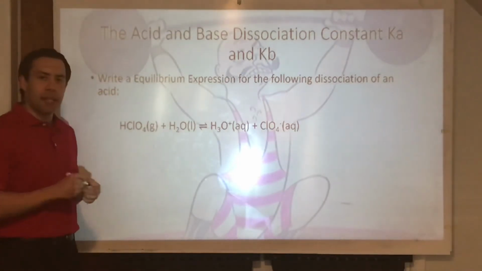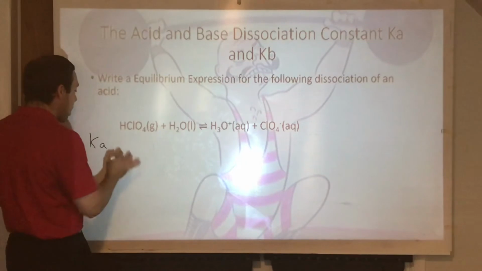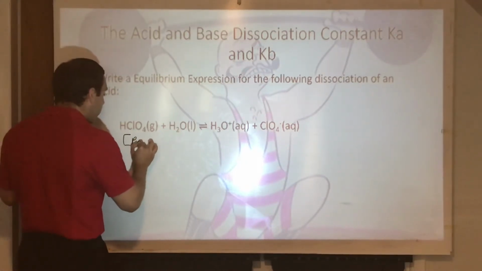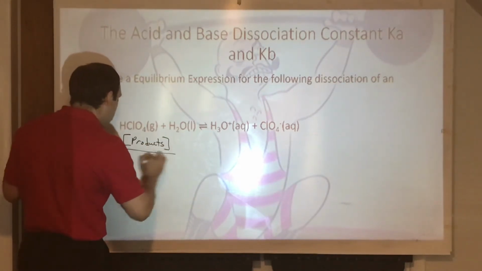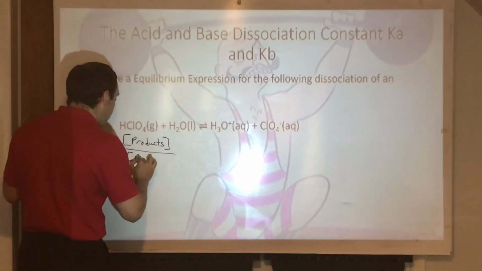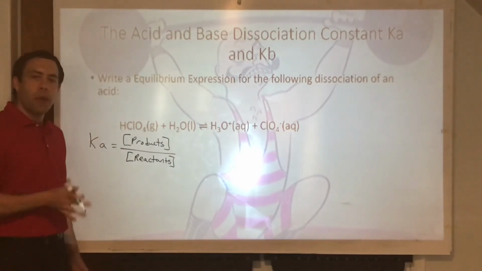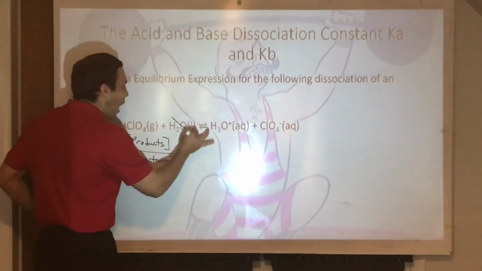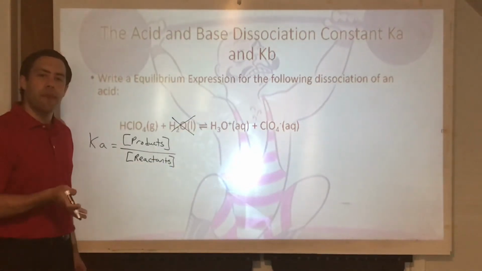So since we have an acid, it's going to be Ka equals the concentration of products over the concentration of reactants. Now, just like when we did the equilibrium constants, liquids and solids do not factor into the equation, so we get rid of them.